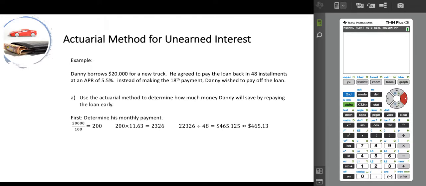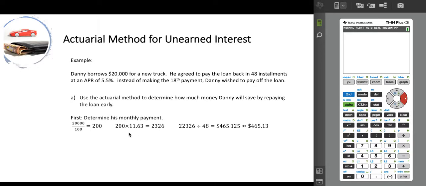So to figure out what his monthly payment is, we take that amount of money plus the amount he borrowed, so that's $22,326, and we're dividing that by the 48 payments he's going to make for a total of $465.13.